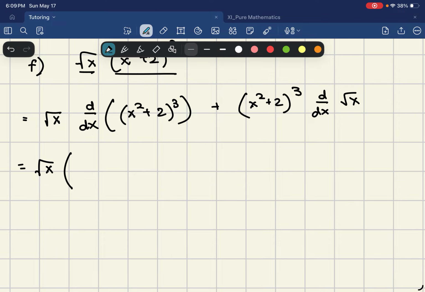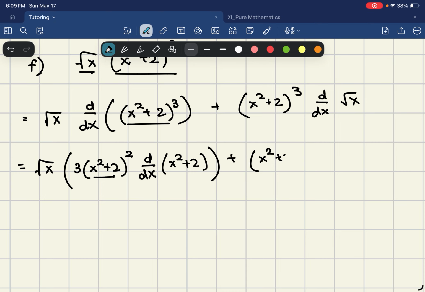Now you do the derivative here. So you can bring 3 out in front, you decrease the power by 1. But it's a function of x inside, so you have to differentiate it again, times, when you differentiate this, so this is just x to the power half, you are going to get 1 over 2 square root of x.